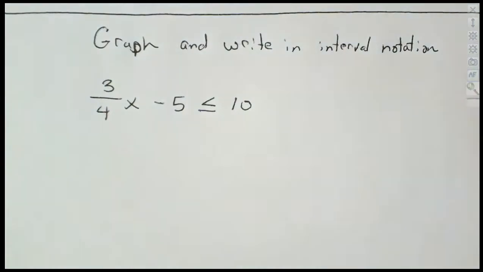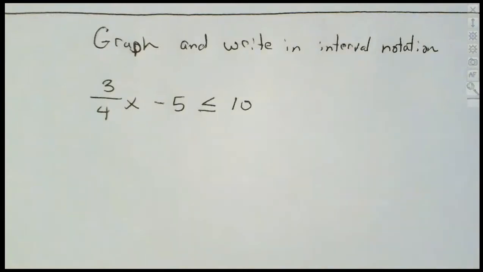When we solve these, we need to think about that inequality symbol as like an equal. So we're going to solve the same way that we solve an equality.